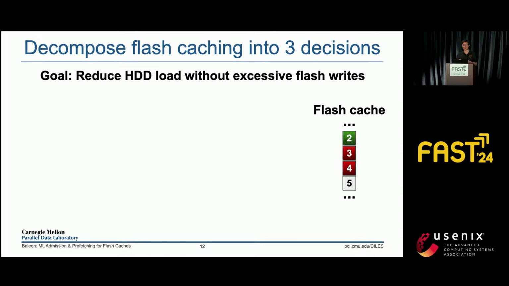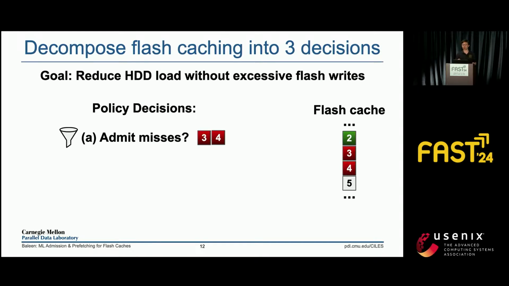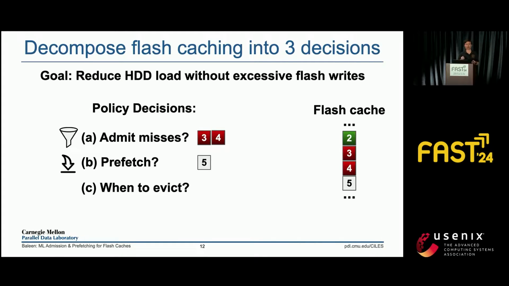We don't want to emit everything into cache, so we need an admission policy to filter those red cache misses. Also, it might make sense to prefetch more segments now and amortize: if you're already going to disk to fetch something, fetch more now and store it into cache. And of course, like every other cache, there's the problem of when you want to evict the item.